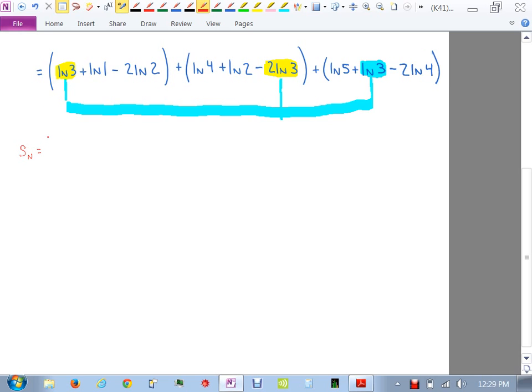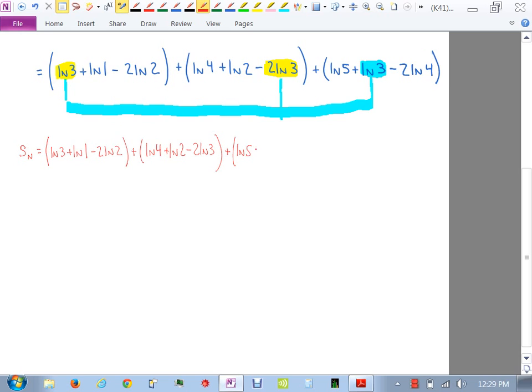So if I start adding up, it'll be natural log 3 plus natural log 1 minus 2 natural log 2, plus natural log 4 plus natural log 2 minus 2 natural log 3. I'm just rewriting what we just had.